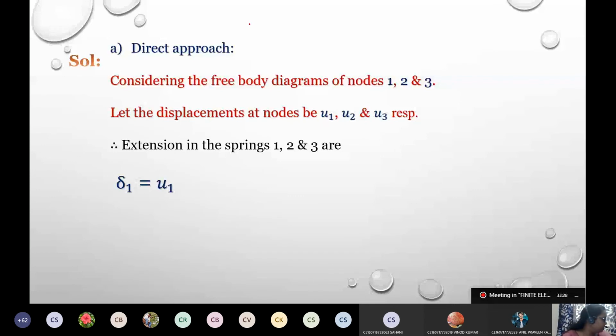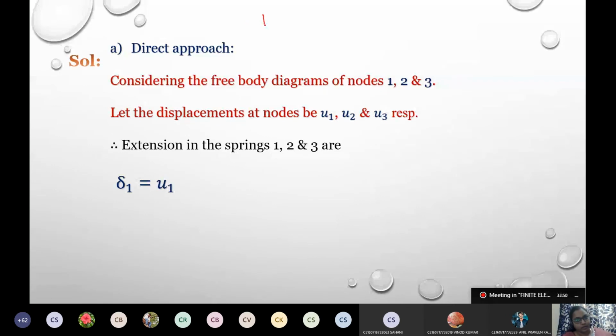Let me check. Yes, I'll draw the figure for you again in this slide also. That would be helpful. All right.